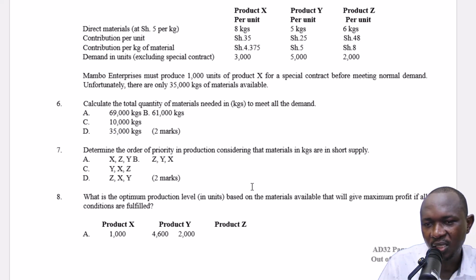Unfortunately, there are only 35,000 kgs of materials available. Calculate the total quantity of materials needed in kgs to meet all the demand.